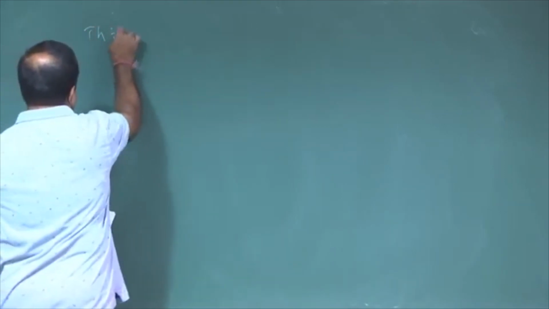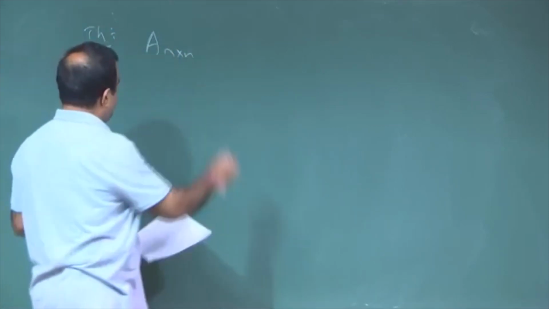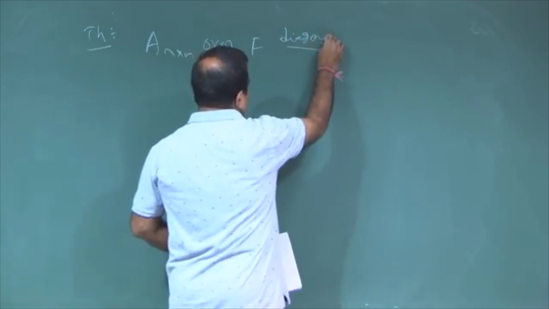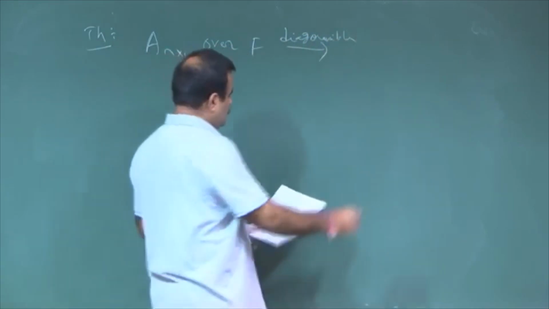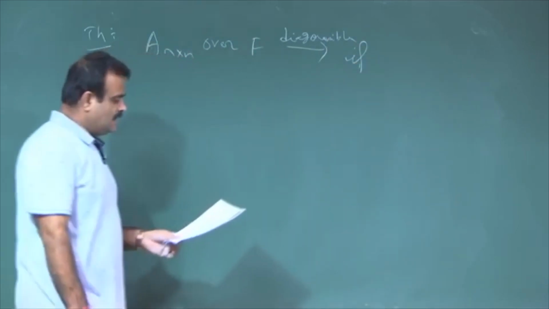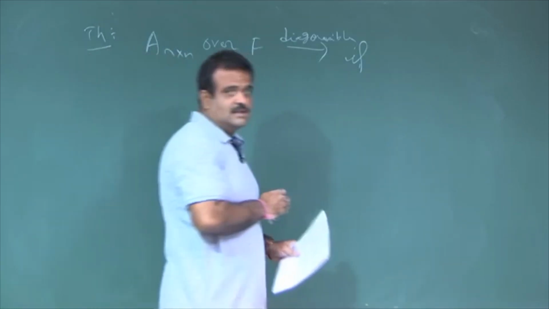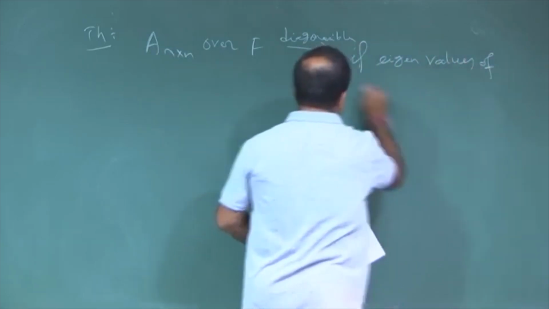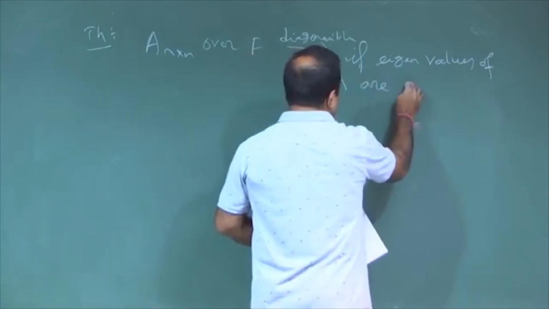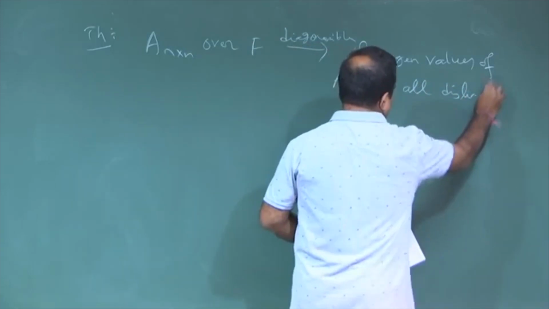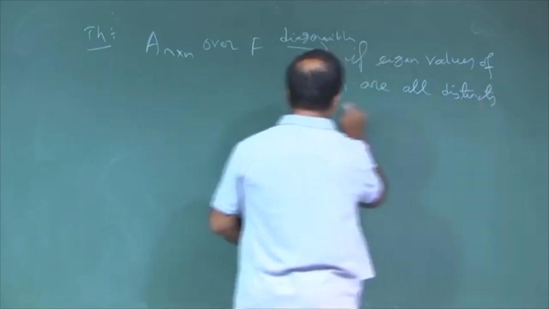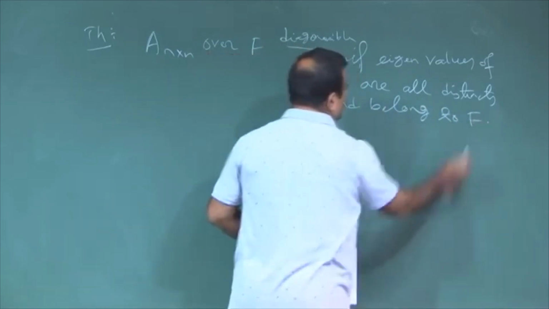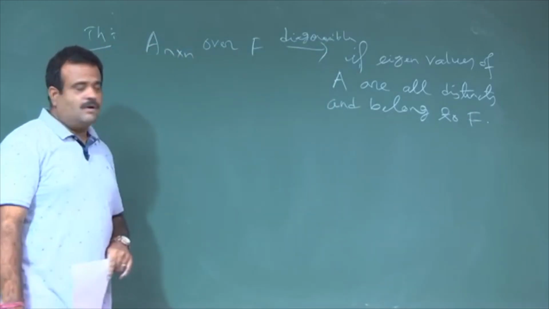Another theorem says: A is a matrix over a field, then it is diagonalizable if the eigenvalues of A are all distinct and belong to the field F. This is a sufficient condition, not a necessary condition.